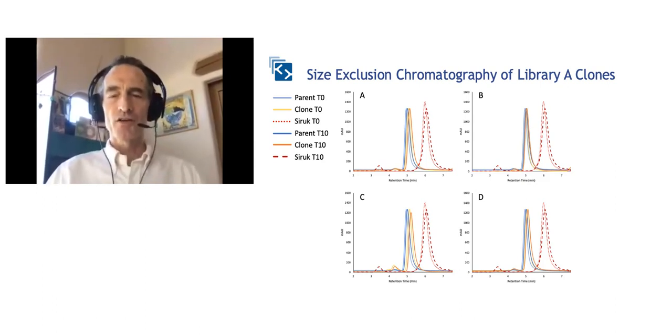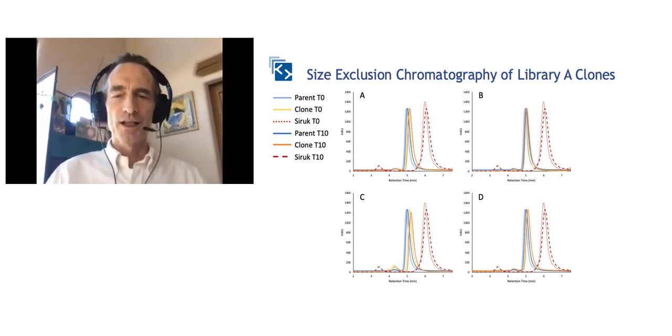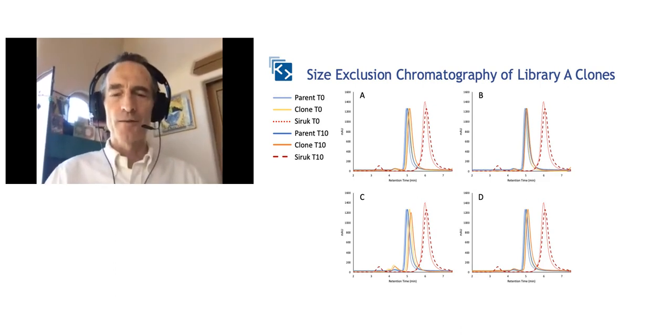You can see here size exclusion chromatography from clones from the first library, and on the left-hand side, you see the parental and the clone derived from it in the 4 plots. There's 4 different clones. You can see that these are all very, very highly overlapping. And in fact, the dark and the light represent untreated and 10 times.